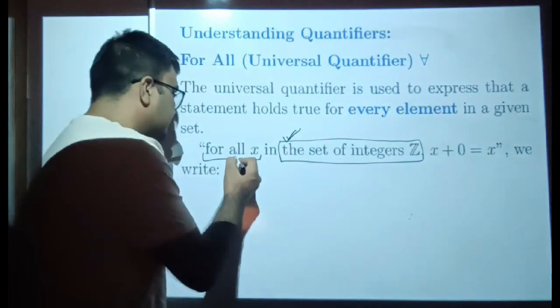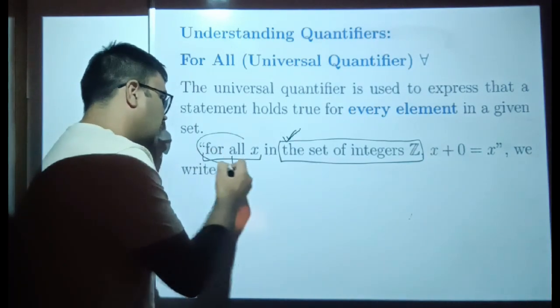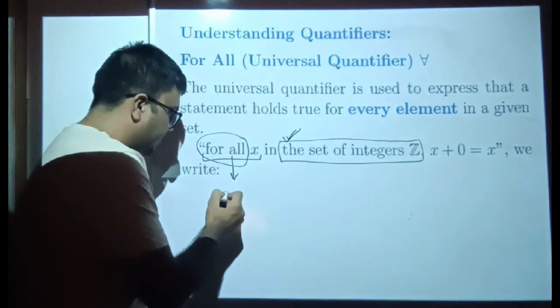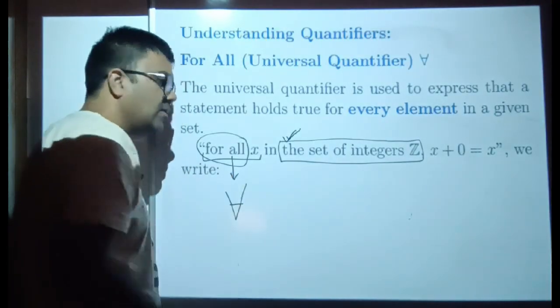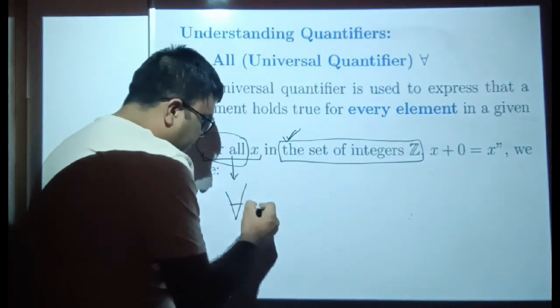How can we write this? The term for all is a quantifier which quantifies that the statement holds for every element of this set Z. We write it like this: this is the symbol for for all, then x. How do we read this?